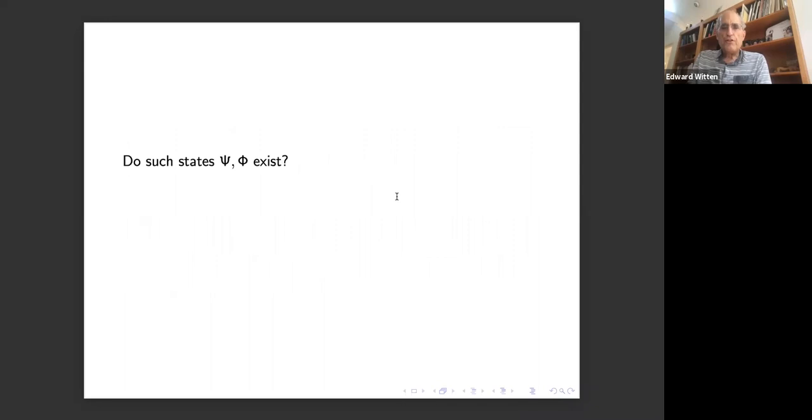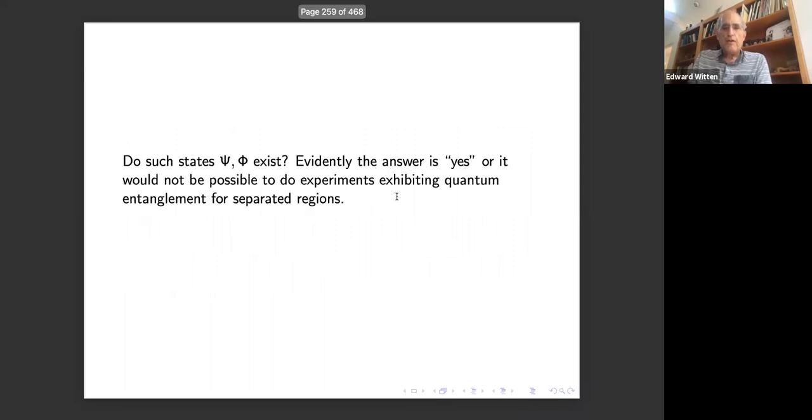Now, you should ask whether such states psi and phi exist. As a mathematical statement, I'm confused when I think about it, but I feel it's clear the answer is yes, or it would not be possible to do experiments that exhibit quantum entanglement for separated regions. In other words, any experimentalist who claims to have verified predictions of quantum mechanics involving separated experimental systems has claimed to establish this state of affairs that I'm talking about, where the states that they're studying only differ by the condition of the experimental system and not by unobserved degrees of freedom, for example, in the experimentalist's body or in the rest of the laboratory.